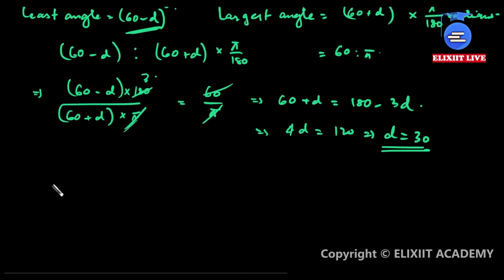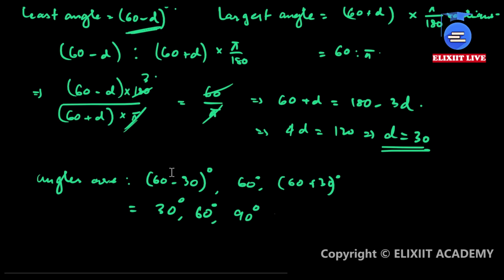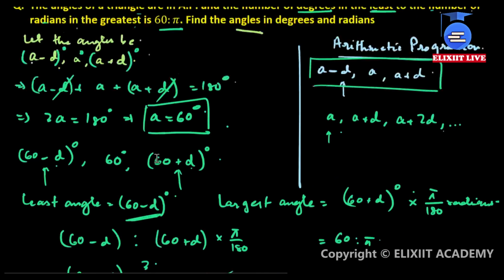Finally the angles are 60 minus 30 degrees, 60 degrees, and 60 plus 30 degrees. So the angles are 30 degrees, 60 degrees, and 90 degrees.